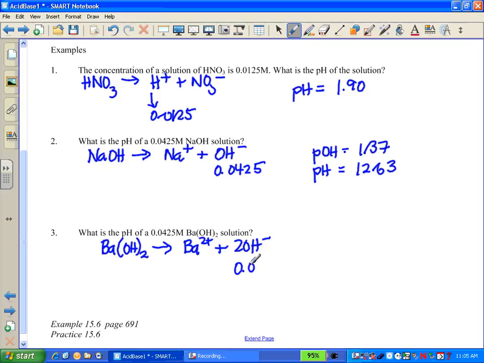So in this case, the concentration of the hydroxide ions is 0.085. Now that I know the concentration of the hydroxide, I can simply calculate the pOH and the pH, which is 12.93.